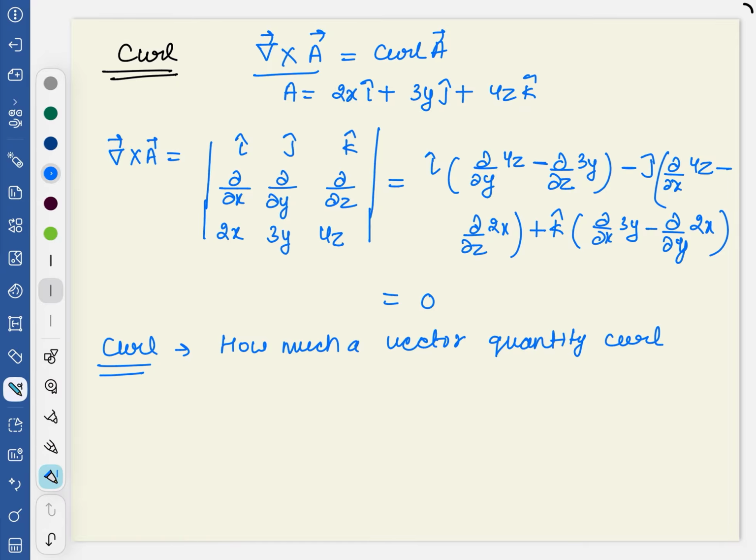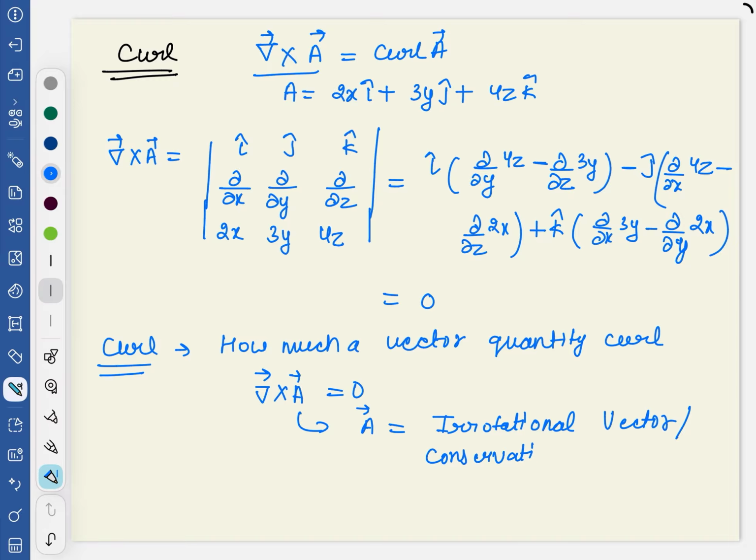In the situation where curl of any vector A is 0, the vector A is known as irrotational vector or conservative field or primitive vector.